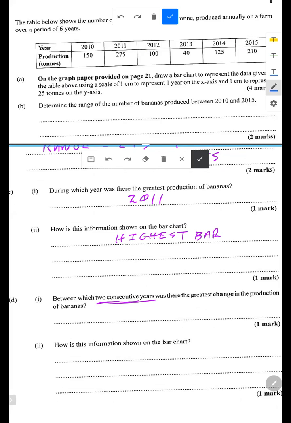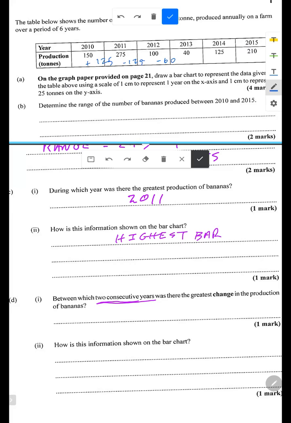So the difference here is 125. What's the difference between this and this? 125. And then this is 175. This one is a drop of 60. Let's put a minus, plus.